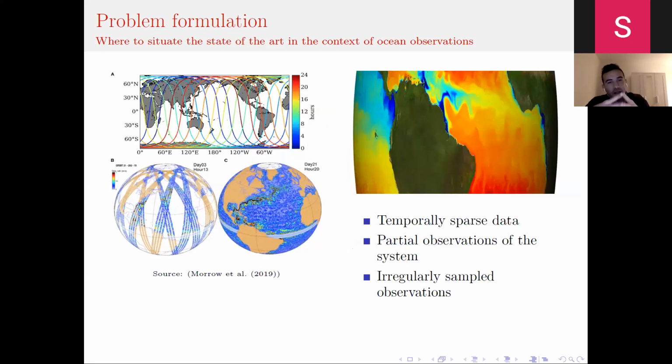Now, the application of these state-of-the-art techniques needs to be considered with care in order to account for the proper specifications of ocean surface observations.